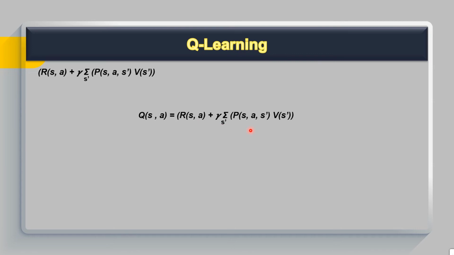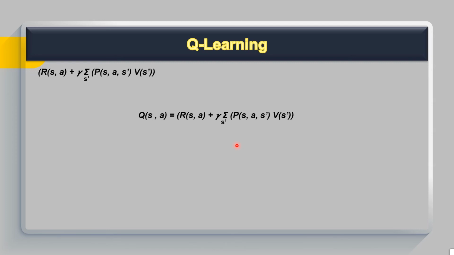Now that we have an equation to quantify the quality of a particular action, we are going to make a little adjustment in the equation. We can now say that V(s) is the maximum of all the possible values of Q(s, a).